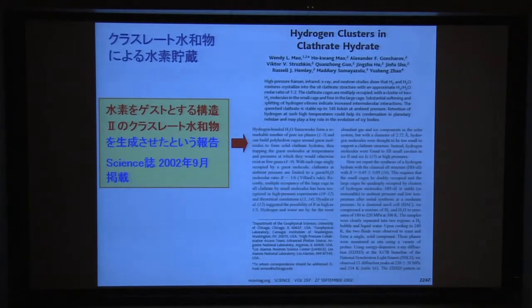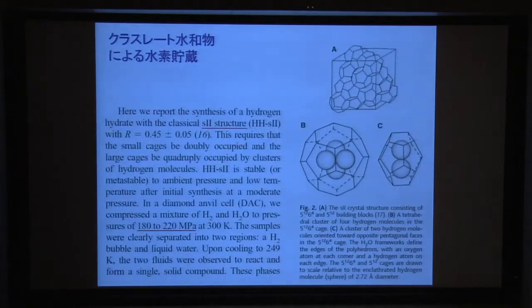Hydrogen has a very small molecule, so it cannot be stored one per cage. So we were thinking that we may not be able to come up with a hydrogen hydrate. However, in a certain cage, maybe we can store 2 or 4 in the form of a cluster.